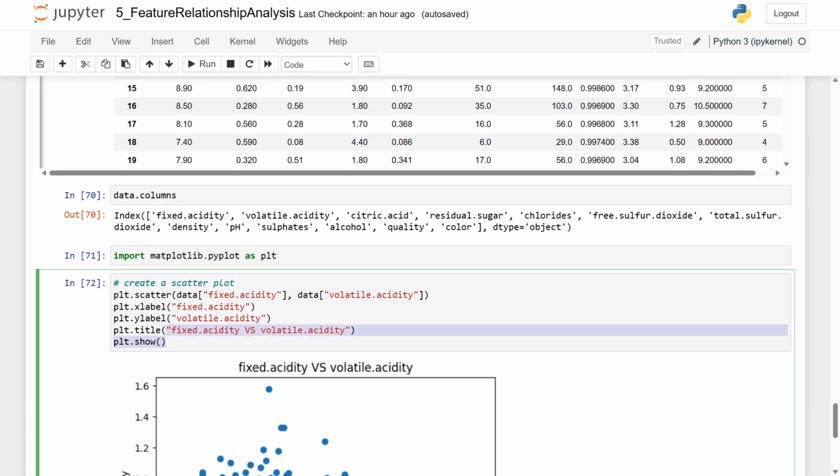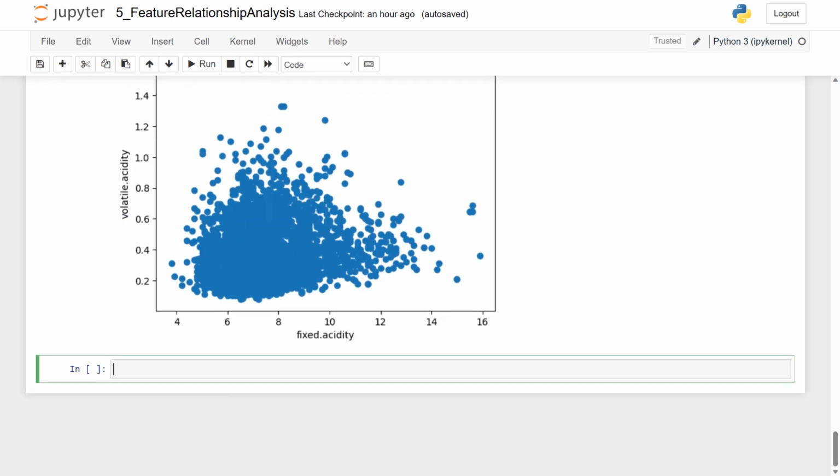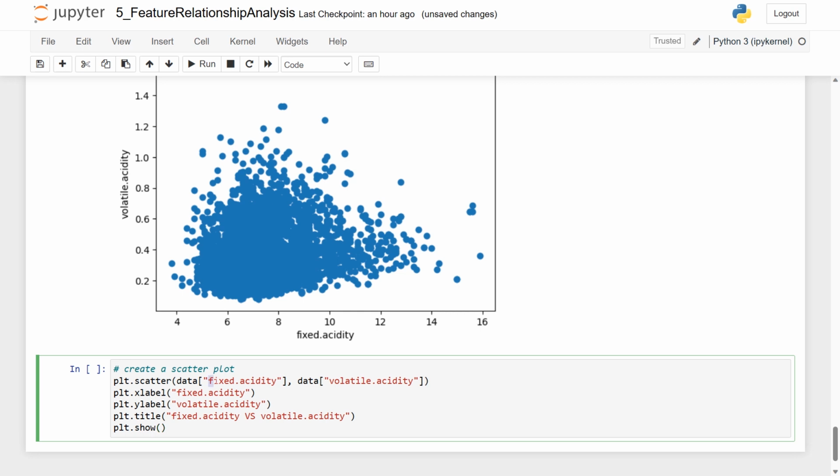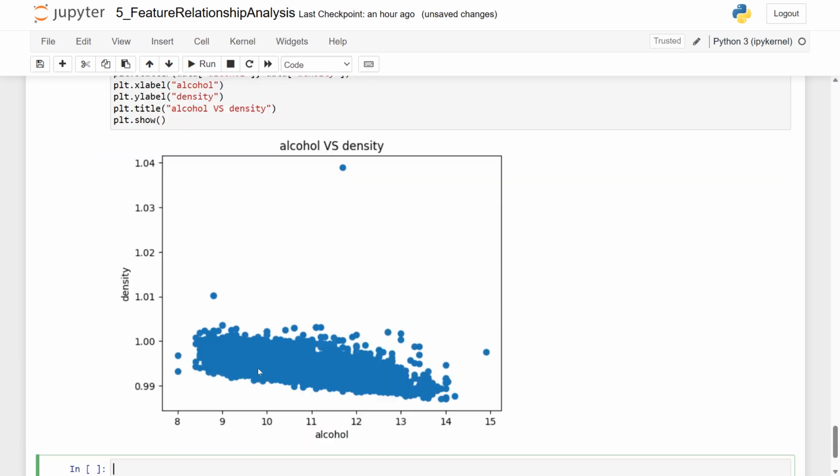Let me copy this exactly, and here I'm going to say alcohol and density, and execute it.